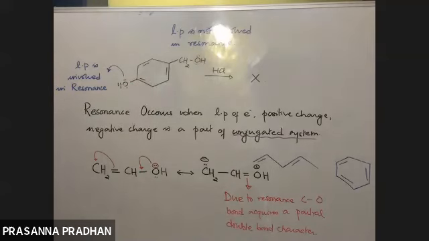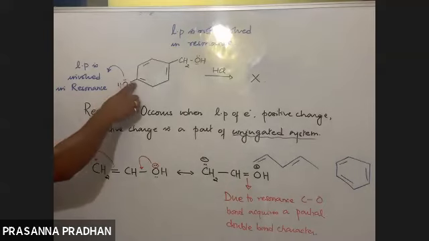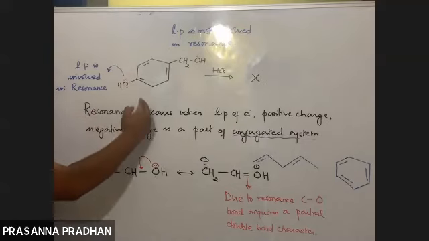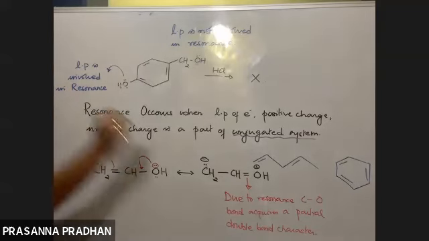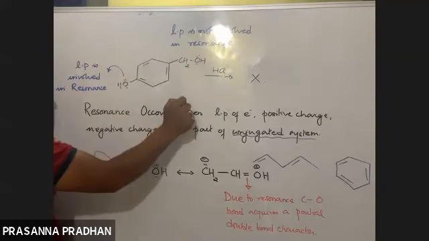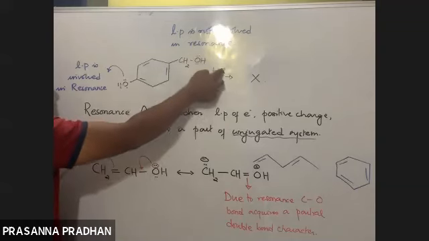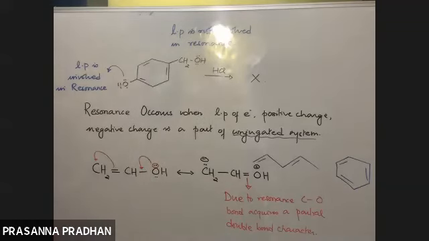Got it? Now you tell me which OH will be substituted by chlorine. Since there is a double bond character out here, this bond cannot be broken, and this OH cannot be substituted by chlorine. But out here, since there is no resonance, this OH can be easily substituted by chlorine.